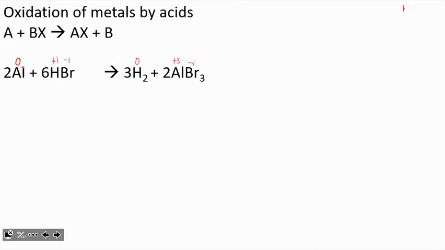So if we look at our aluminum, it went from a 0 to a +3. So if we went from 0 to +3 here, then that means that it's lost electrons. And if we look at our OIL RIG, loss of electrons means that it was oxidized. Okay. So now we need to find out what was being reduced.